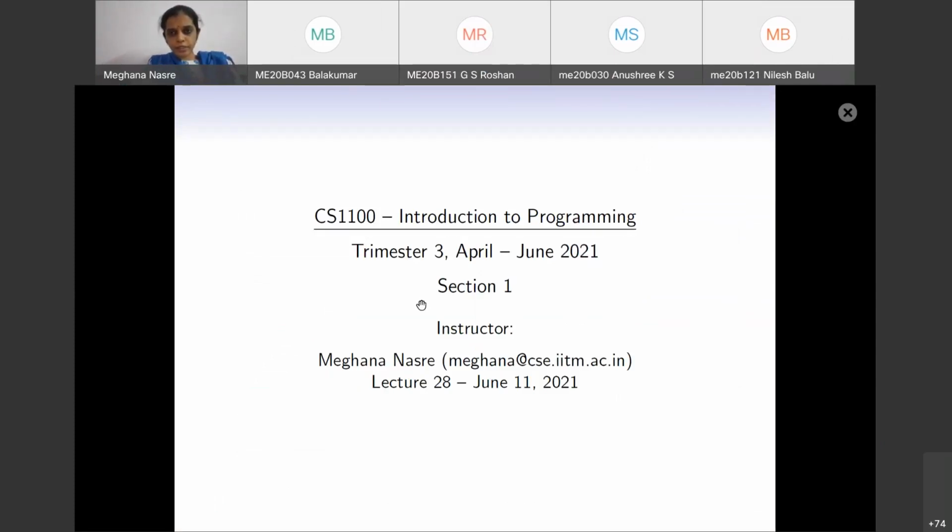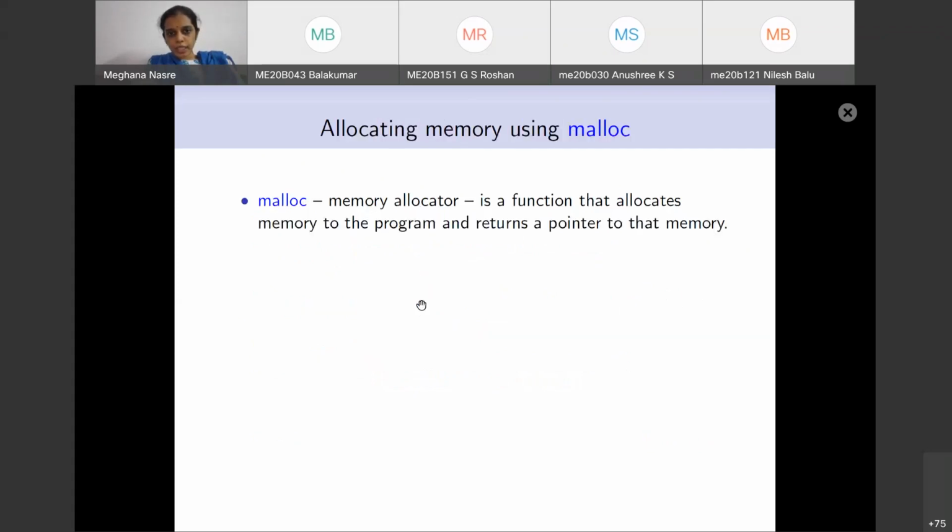So, just to recap, the last discussion that we were having was about this function malloc, which is the memory allocator. This function will allocate as much memory as you ask it to allocate in terms of number of bytes.